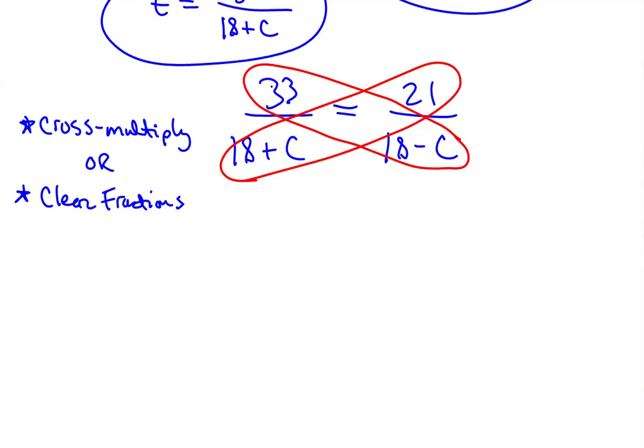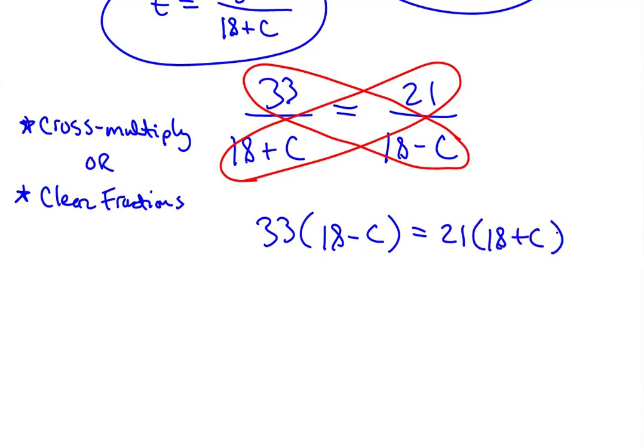If I multiply the top left to bottom right, I'll start with that one. That would give me 33 times 18 minus c. That's just multiplying those two items together. But then I set that diagonal product equal to the other diagonal product, which would be 21 times 18 plus c.